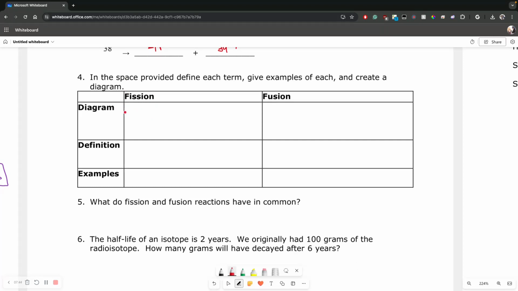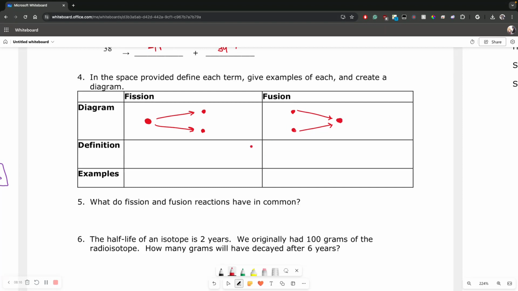So you have one particle that's going to separate into 2 individual particles, right? It fizzes out, so that's in fission. While fusion, we're going to have 2 individual particles that merge together to form something new.